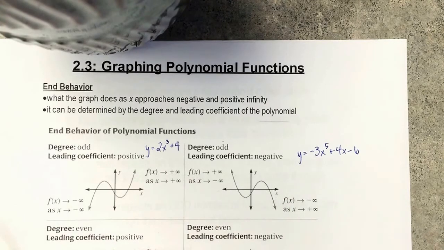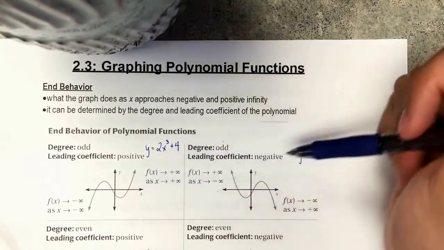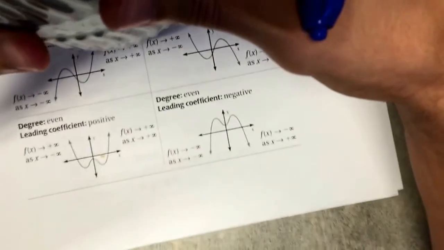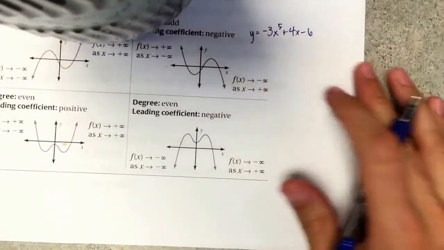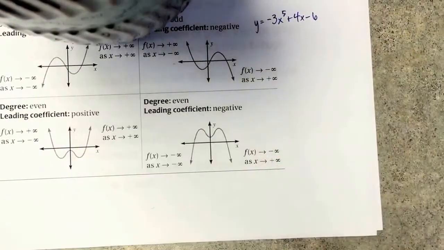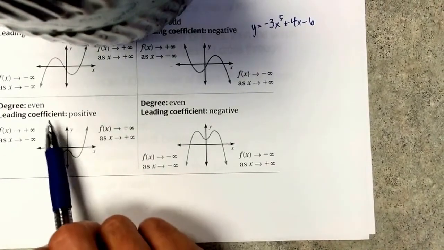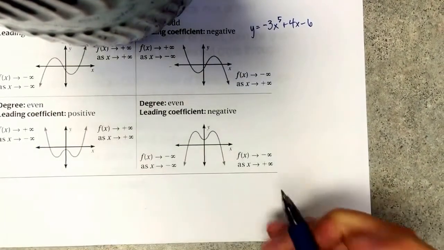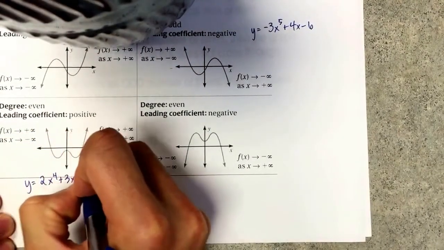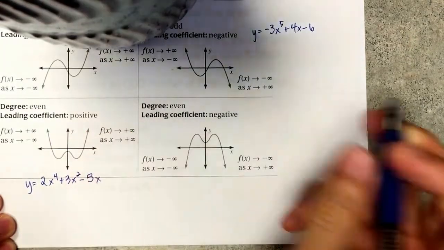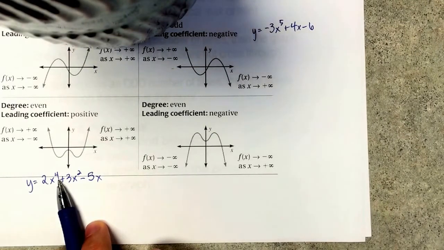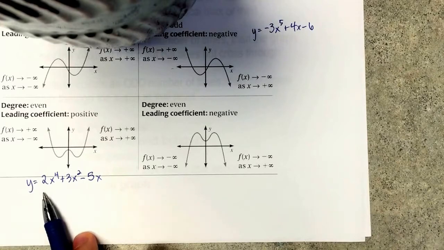That's called end behavior. Not only can we talk about that with odd degrees, we can also talk about it with even degrees. If I gave you an even degree polynomial, something like a quadratic or a quartic or a sixth degree and so on, and it has a positive leading coefficient, something like y equals 2x to the fourth plus 3x squared minus 5x, the important things are that the degree is even and the leading coefficient is a positive value.